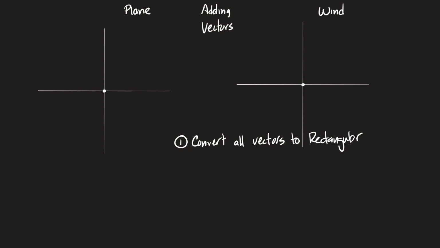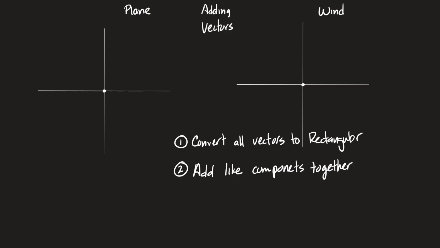So if you want to add vectors together, so again, I want to add the plane's own velocity, its airspeed, to the wind's velocity, and then get the ground speed, the first thing you have to do is convert all vectors to rectangular. The second thing you have to do is add like components together.